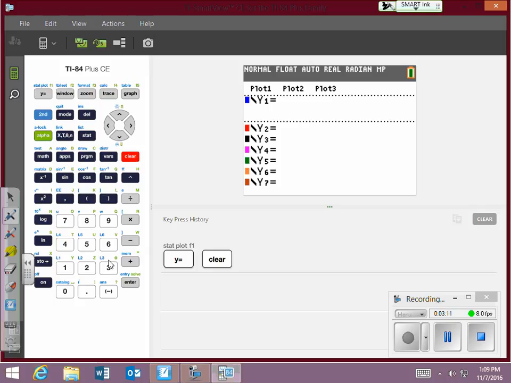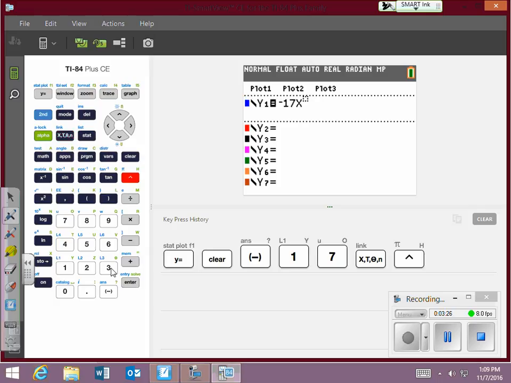Now it's a minus 17, so you're going to have to use this negative sign right here because it's the first minus. x raised to the third power.